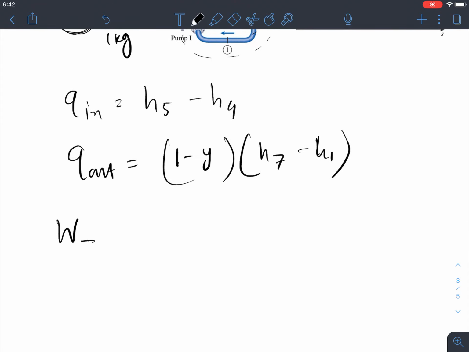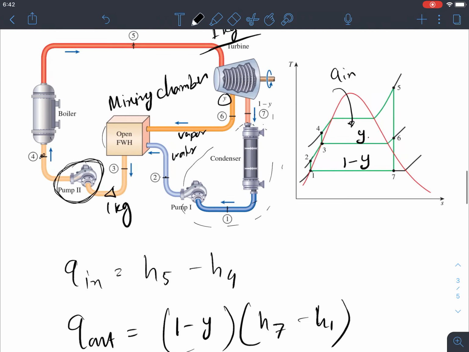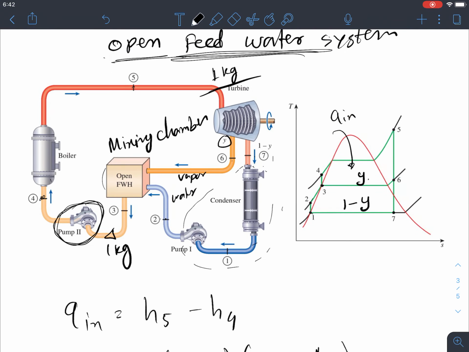Now what is the turbine output, right? We can see that there are two different outlets, so we have to consider these two different outlets. If we simply consider the simple Rankine cycle, then it will be H5 minus H6.